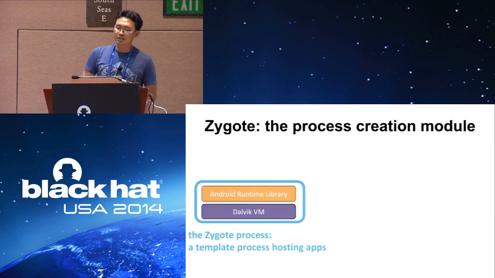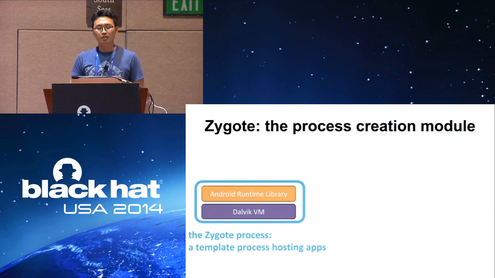So what the Android team came up with is called Zygote. Zygote is the process creation module. Here is the Zygote process, a template process for hosting apps. In this Zygote process, you already have the initialized Dalvik VM, and you also have the already initialized Android runtime library.